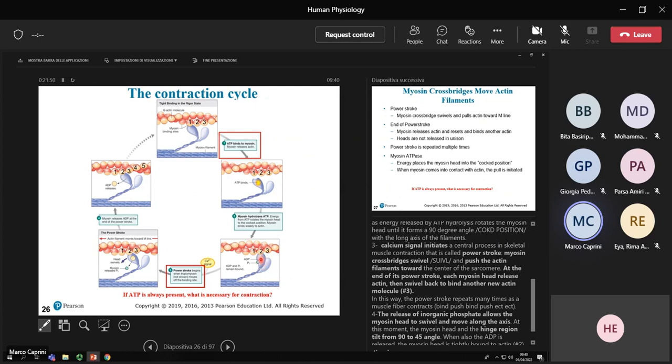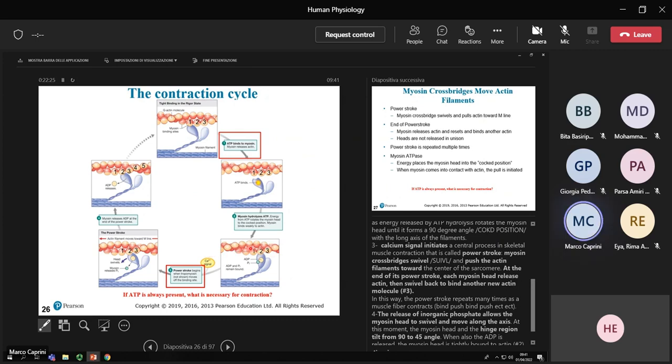So this 90-degree angle is full of energy from the ATP hydrolysis. At the end, when the calcium signal increases, the actin filament is pushed to the center of the sarcomere. The myosin cross bridges swivel and push the actin filaments toward the center of the sarcomere.